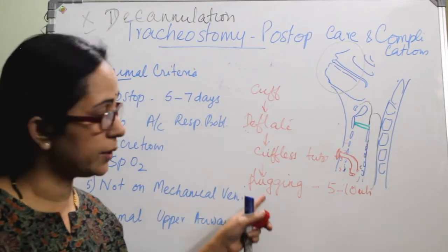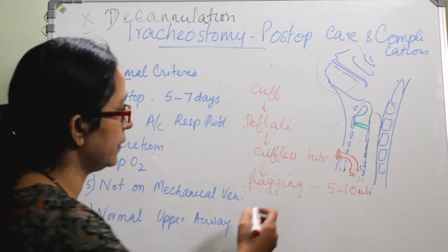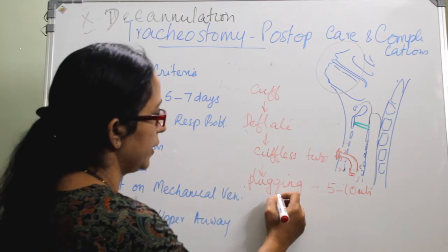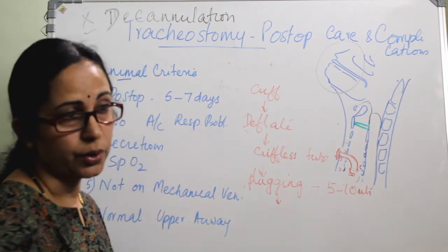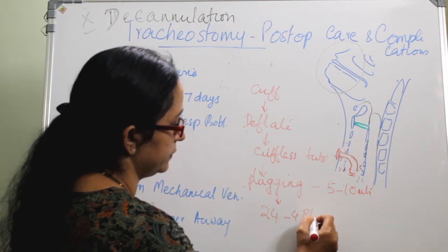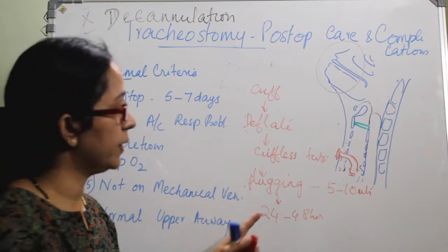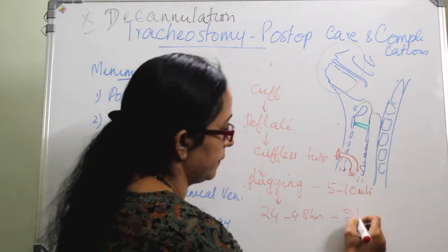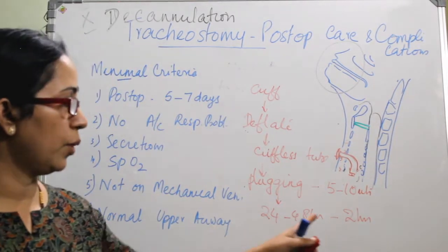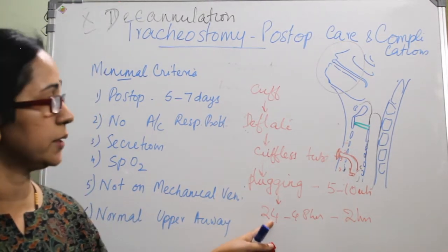If it is successful, that means the decannulation plugging is successful, then you watch for another 24 to 48 hours, every 2 hours. So observe every 2 hours for the next 24 to 48 hours.